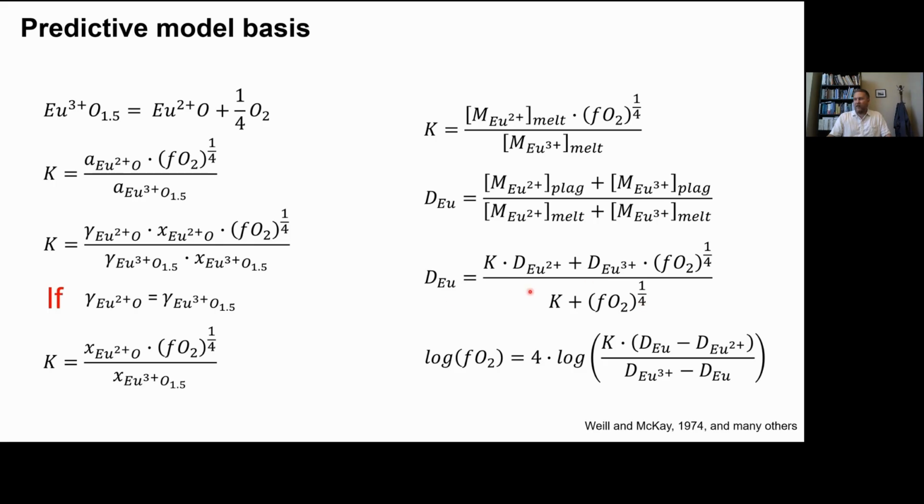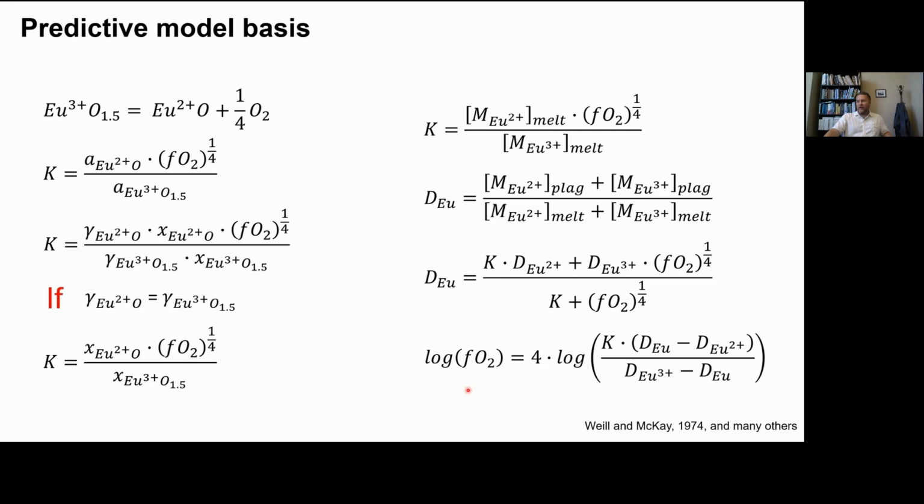And this equation is useful for petrogenetic modeling, but it can also be useful in oxybarometry. You could measure the europium distribution between a glass and a coexisting plagioclase crystal, and if they're in equilibrium, you can predict these divalent and trivalent partition coefficients, and you can calculate oxygen fugacity.